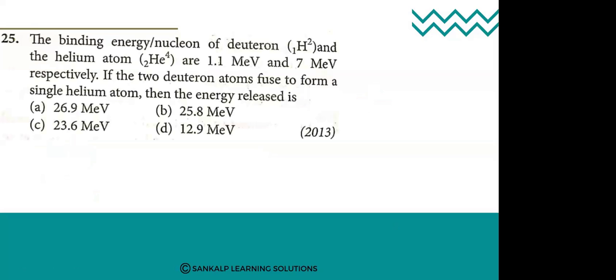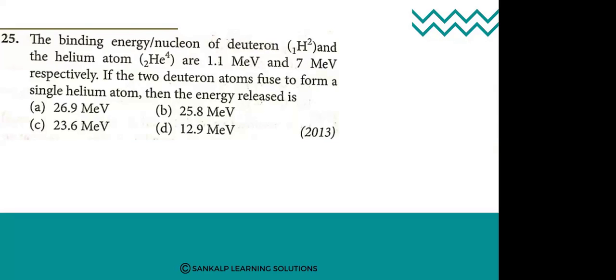H1,2, and the helium atom is He 2,4. Both have a binding energy per nucleon of 1.1 mega electron volt and 7 mega electron volt. So deuterium has 1.1 mega electron volt and helium has 7 mega electron volt.